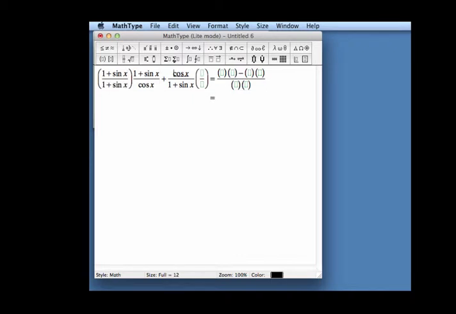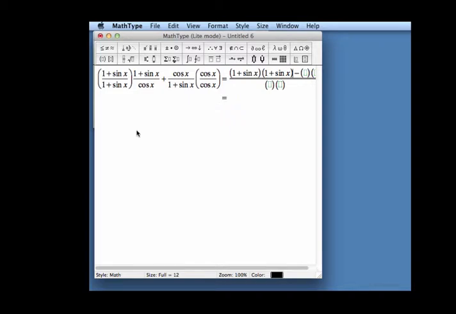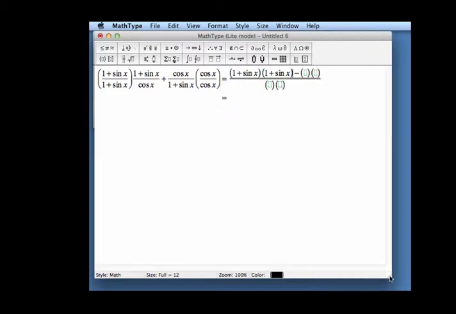And the other fraction needs a denominator of cosine of x on top and bottom. So that means I've got to multiply 1 plus sine of x by 1 plus sine of x. I'll have to use the FOIL pattern to do that. On the other side, I just have cosine of x times cosine of x. That's not going to be too ugly.